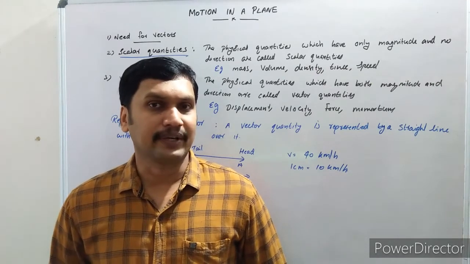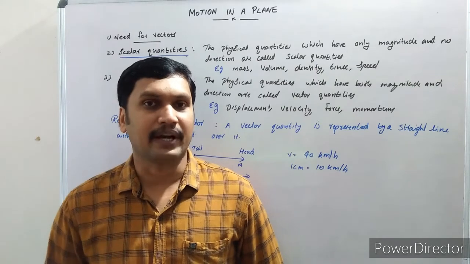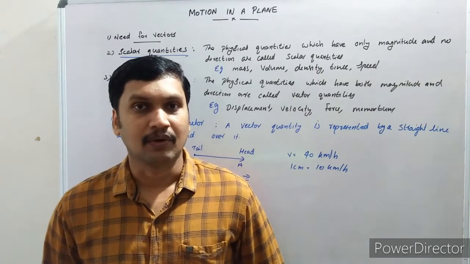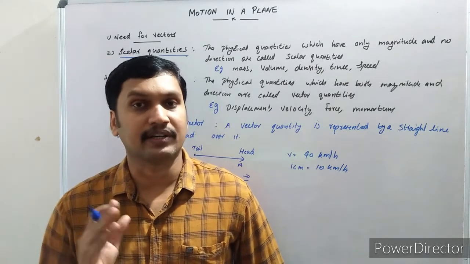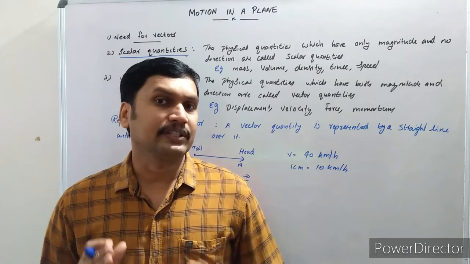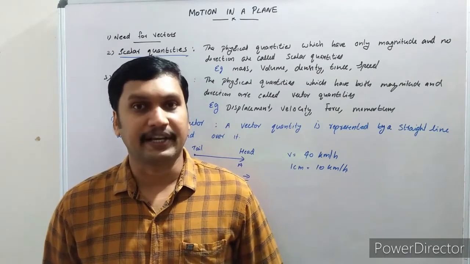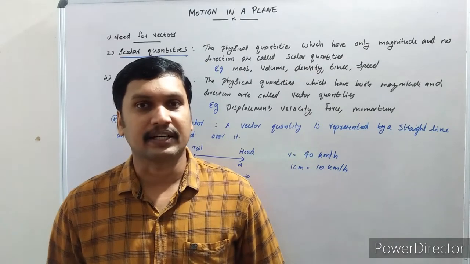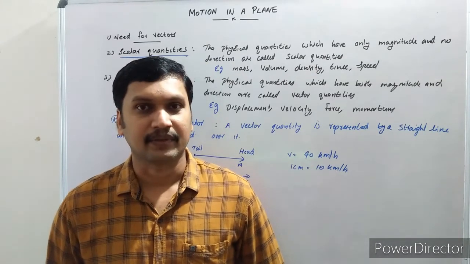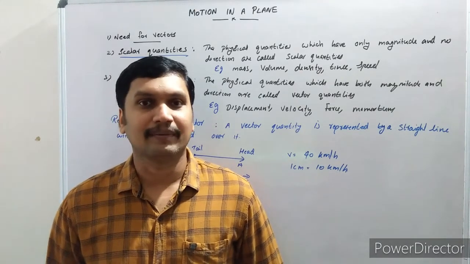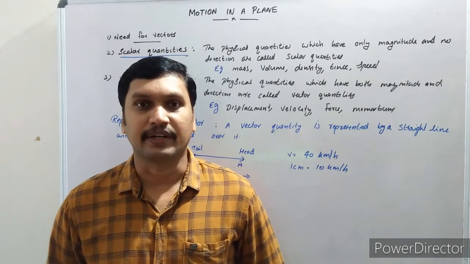Along with the magnitude of the quantity, we have to specify in what direction the object is moving, or what is the direction of the object's position at that instant. So, along with the magnitude, we have to specify the direction too for quantities like velocity, acceleration, displacement, etc. Such a quantity which possesses both magnitude and direction is known as a vector quantity.